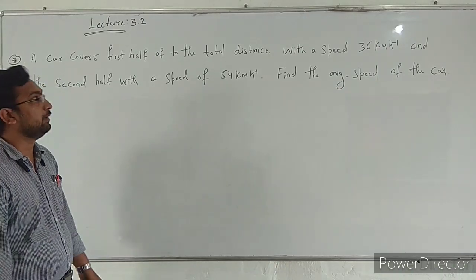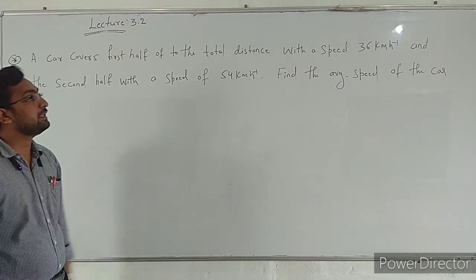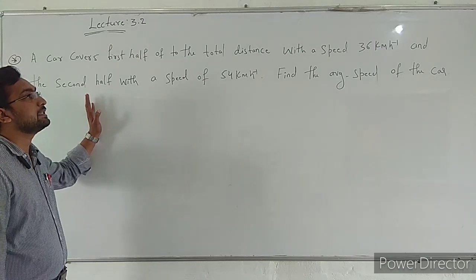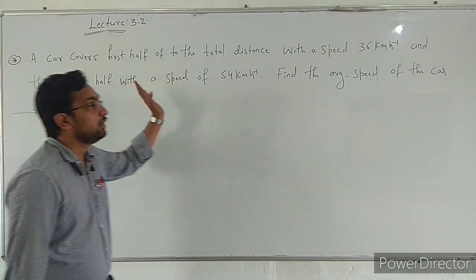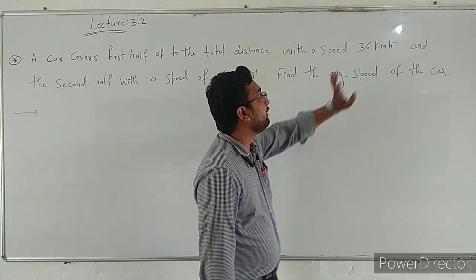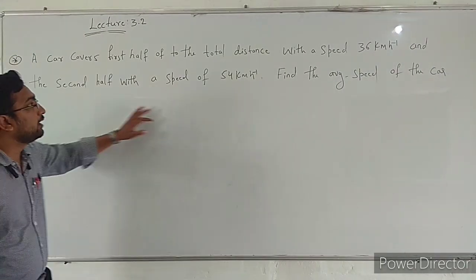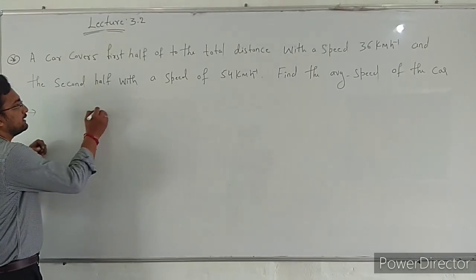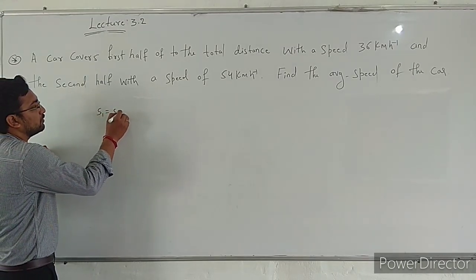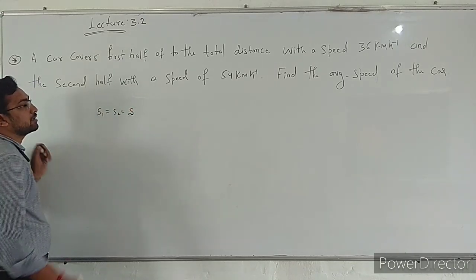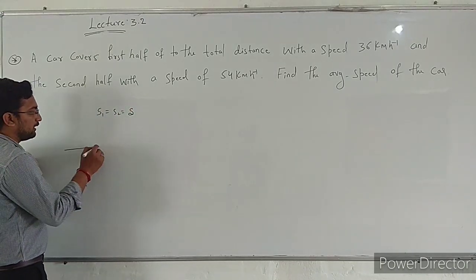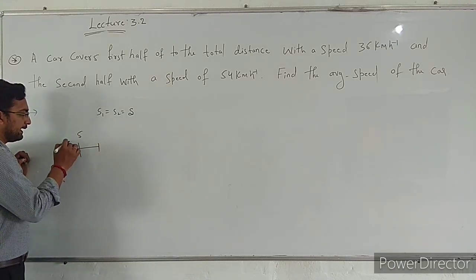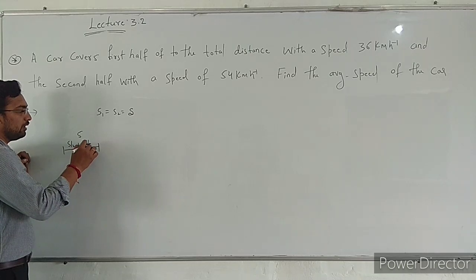Here the total distance is divided into two equal parts, covered with speeds of 36 km per hour and 54 km per hour. The distances S1 and S2 are the same: if the total distance is S, each half is S by 2.